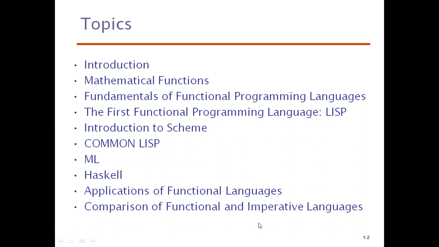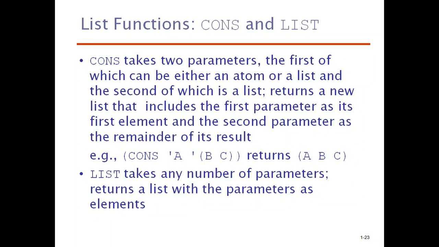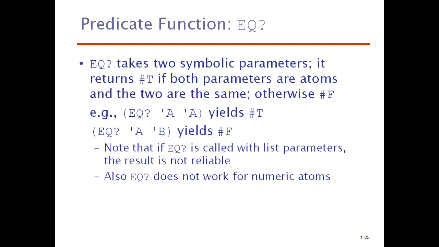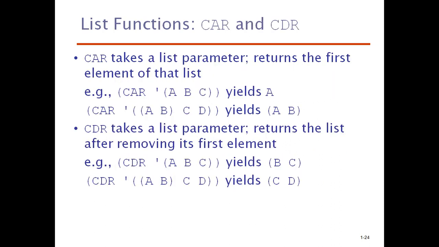In the last lecture, we stopped at list functions such as cons, which is used to concatenate an atom with a list, and we have seen functions such as car, which will return the first element in the list, and cdr, which will return the list by removing the first element.